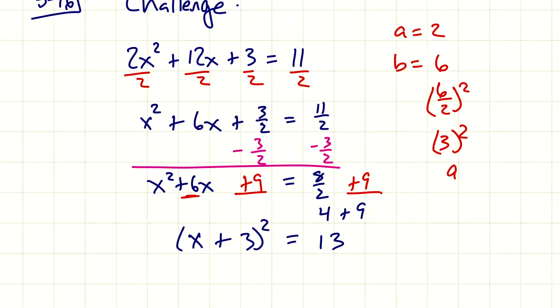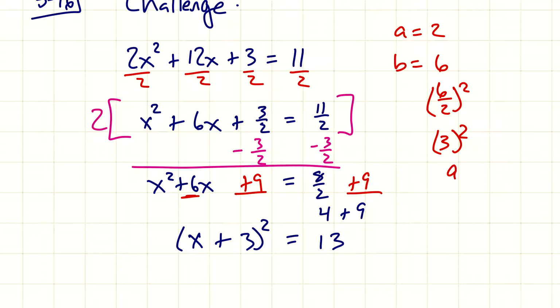But one last step, that one issue here that we need to do is we need to put back this a value. All right, so we divided everything by 2, right? So that 2 is really secretly still there, right?